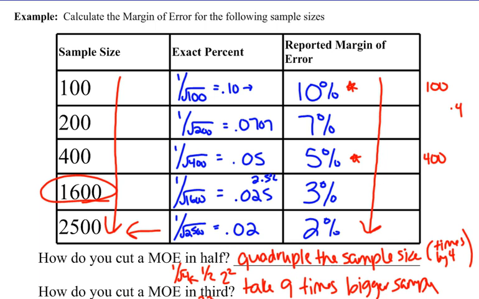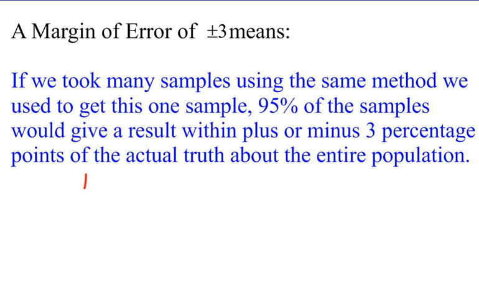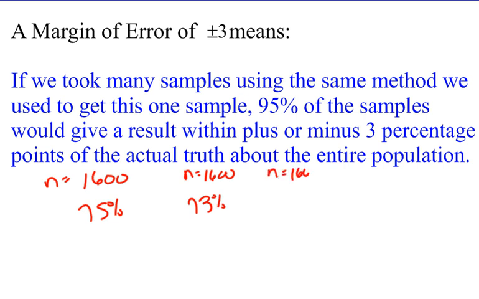I survey 1,600 students, and I ask them, do you plan to go to college? In my first sample of 1,600, let's say 75% of kids say yes. In my second sample of 1,600, I get 73%. In my third sample of 1,600, I get 81%.